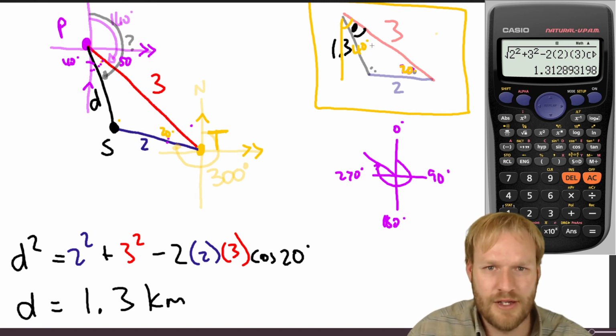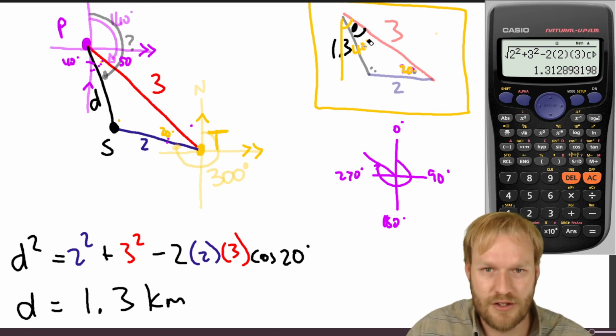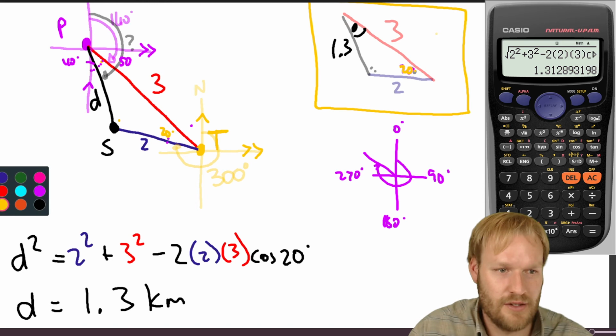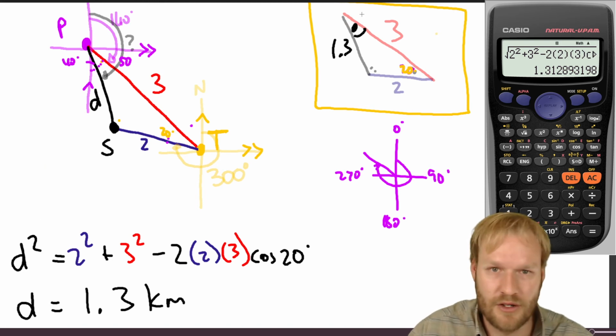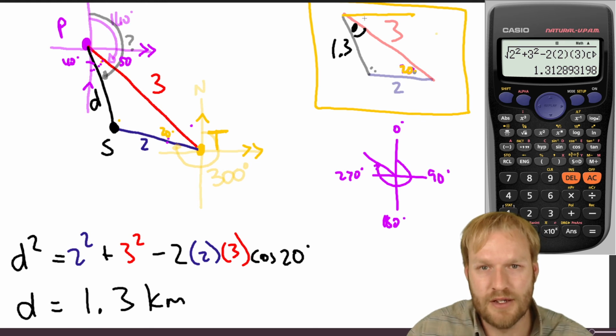So if we can work out what this little angle is, we can work out what the bearing is. Or alternatively, you might want to look at it this way. Ooh, not get rid of that side of the triangle. And say that we know that, where do we go in yellow? That this angle here is 50 degrees.